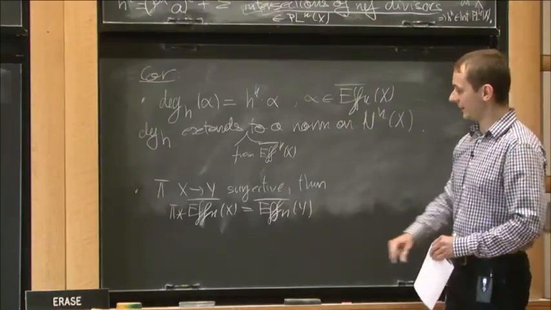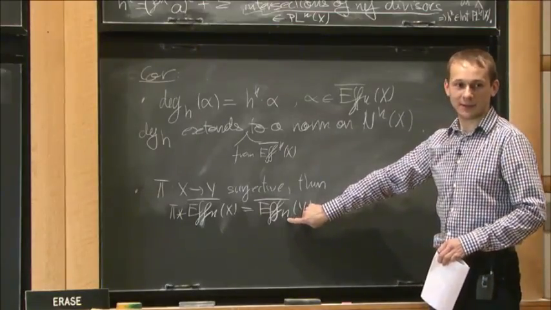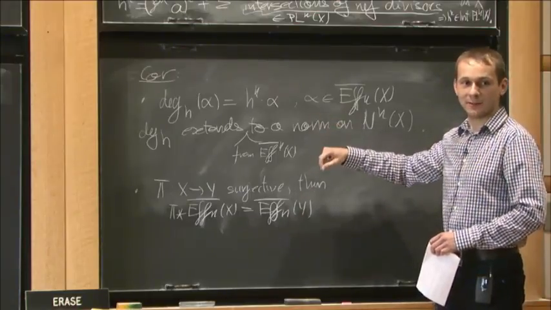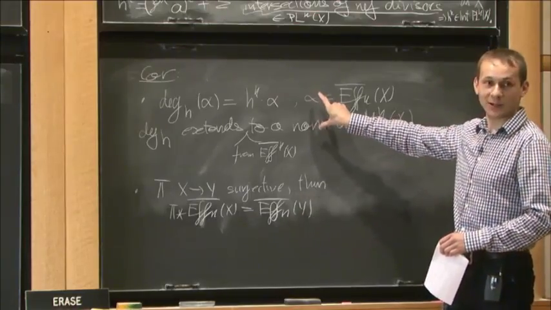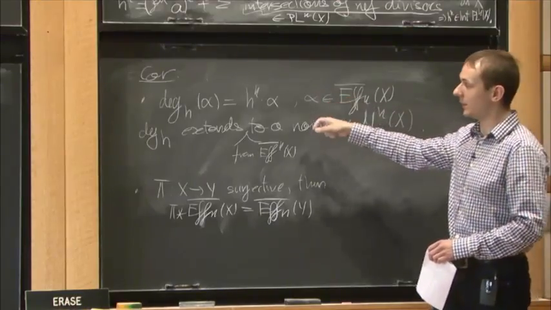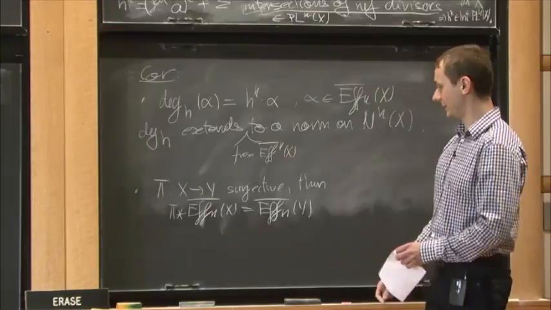So the way you do this is you write a pseudoeffective class as a limit of effective things. You construct preimages for each effective thing, and you do some work to show that the degree is bounded. And that extends to some norm, so they're bounded in a norm, so they converge to something.